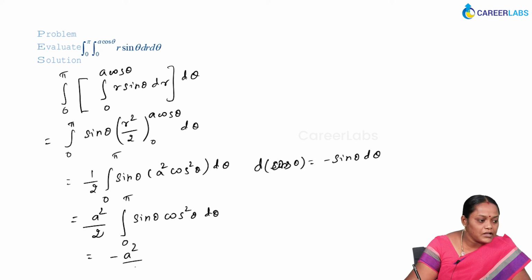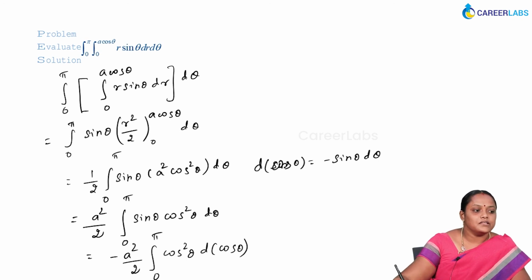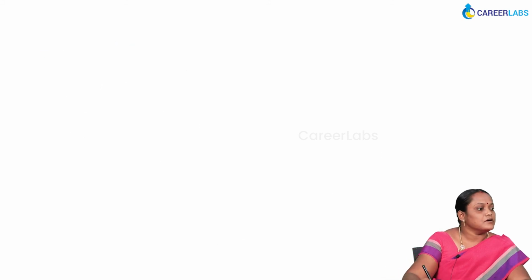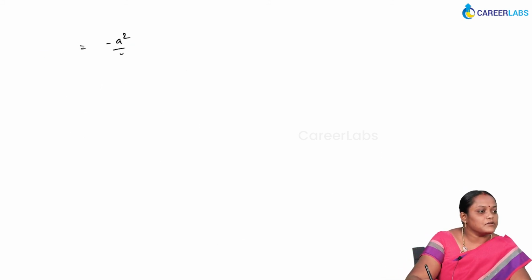So this will be minus a square by 2 integral 0 to pi cos square theta into differentiation of cos theta. So now we can easily apply the formula integral x power n dx, which is equivalent to x power n plus 1 divided by n plus 1. So now this is equivalent to minus a square by 2.